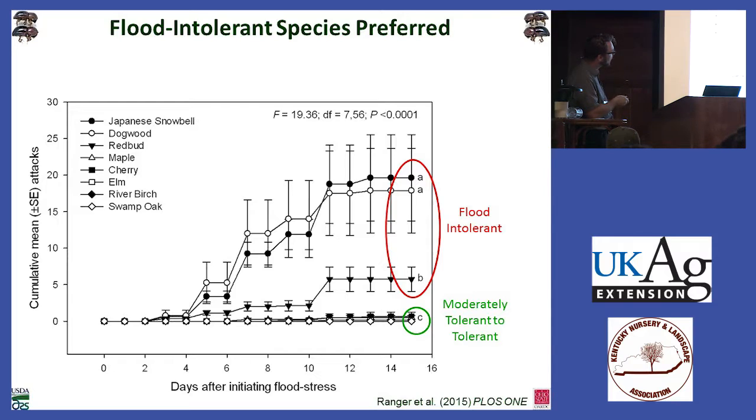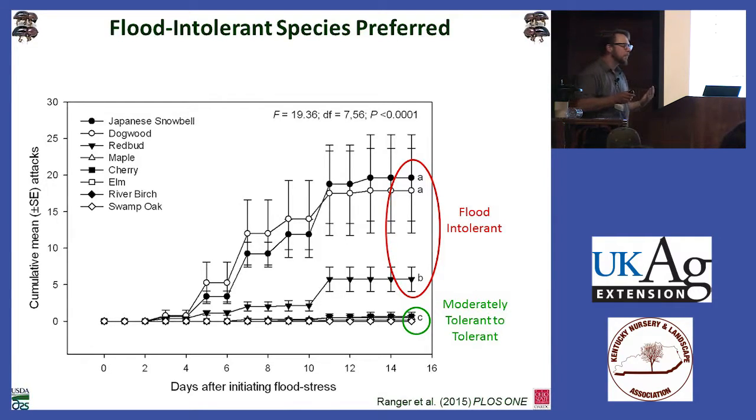What we found was that the trees characterized as flood intolerant, particularly the dogwoods and redbuds, sustained the majority of attacks. Whereas the moderately tolerant to tolerant trees were not attacked. And of course, the non-flooded trees did not have any attacks at all.